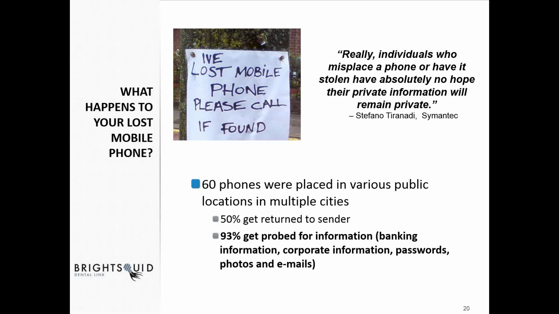And what do I mean when they were probed? People checked them out for banking information, corporate information, passwords, photos, emails. Everything was accessed in order to gain more information. When they did the study, they said, well, maybe people were just trying to figure out who the phone owner was.